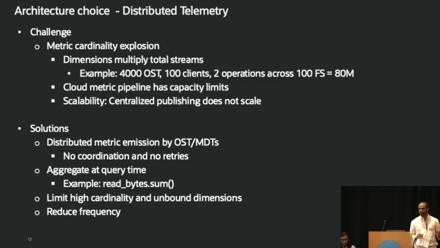We don't want to send too much, only what is necessary. The emission frequency is also important. We do one emission per minute so that the customer can get almost real-time monitoring for their workloads. Those are the considerations we made for emitting metrics.